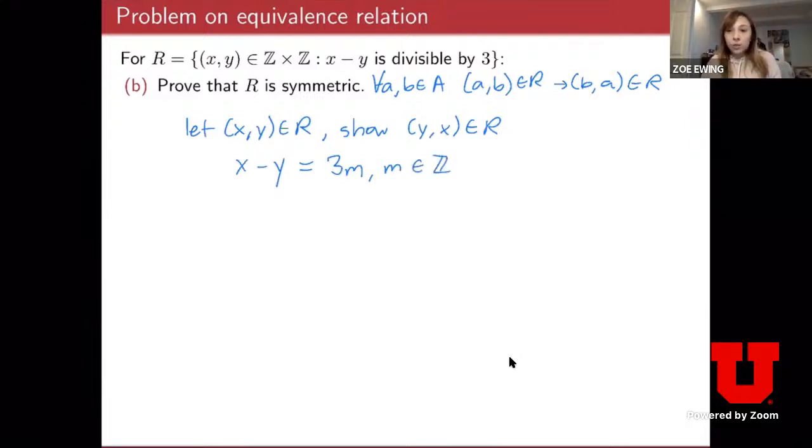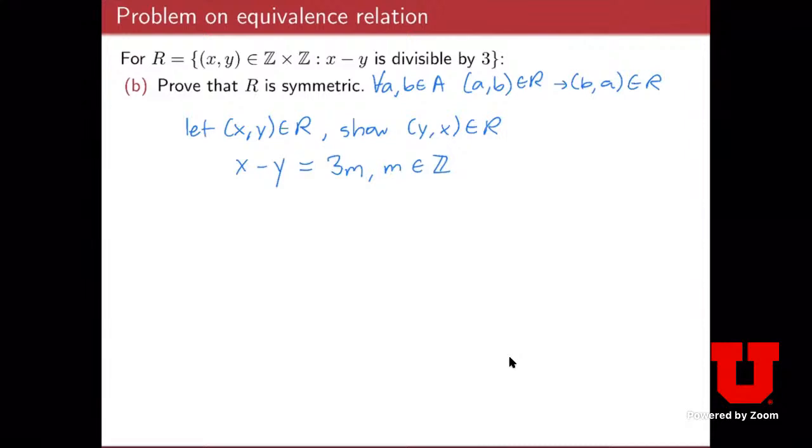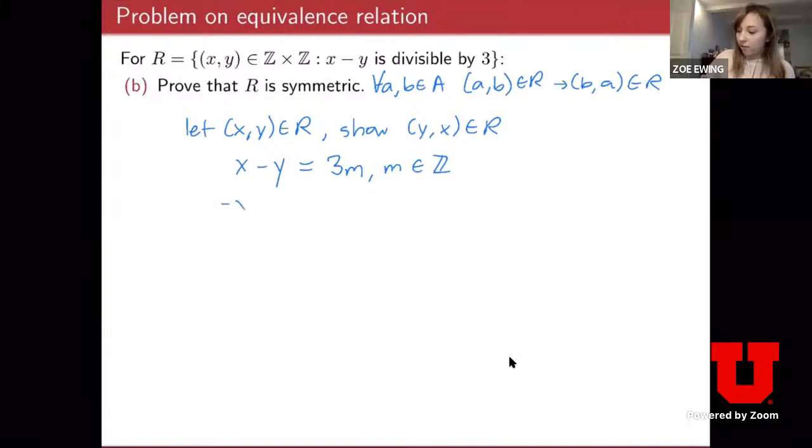Okay, if we're trying to eventually show that y points to x in the relationship, how can we manipulate this equation to get where we want to be? Should we multiply by -1 on both sides? Yeah. So we'll have negative x plus y equals negative 3m.